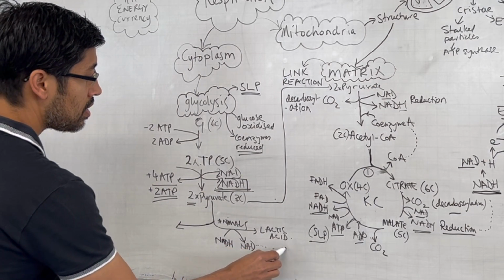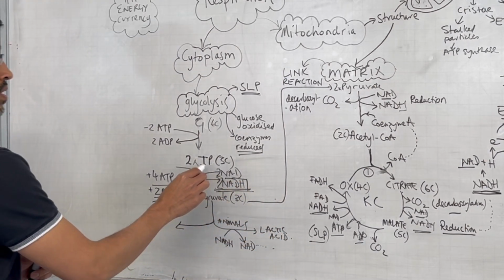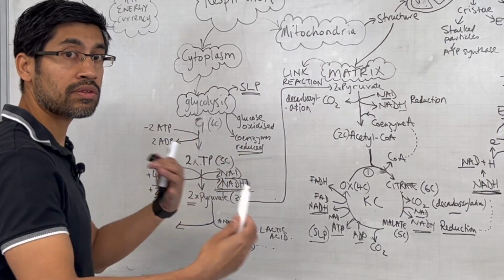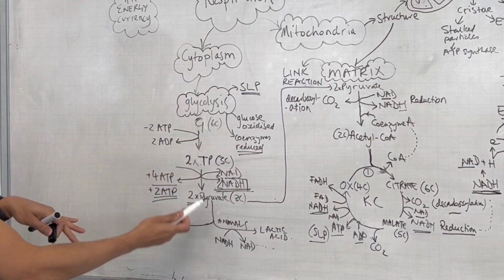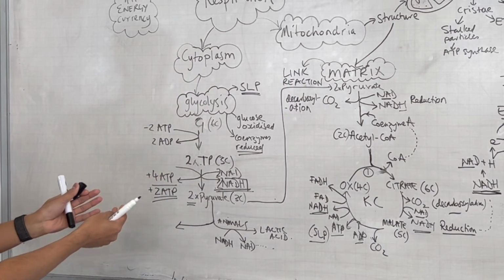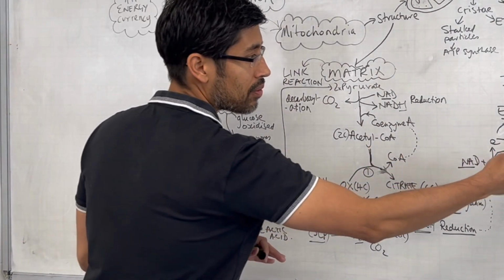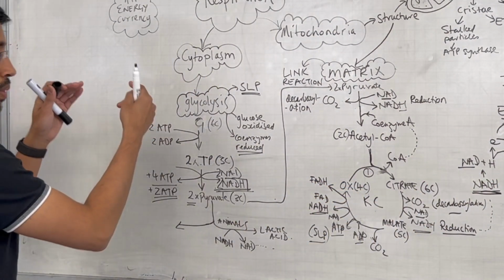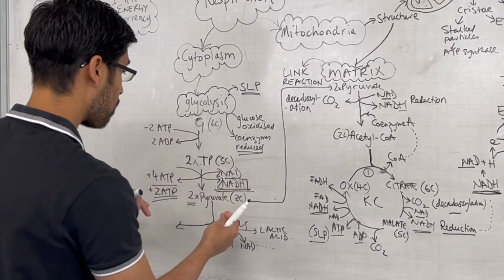And then that NAD can be used to allow that second step of glycolysis to carry on, keeping 2 molecules of ATP made, compared to around 35 or 36 by oxidative phosphorylation, but at least something is better than nothing.